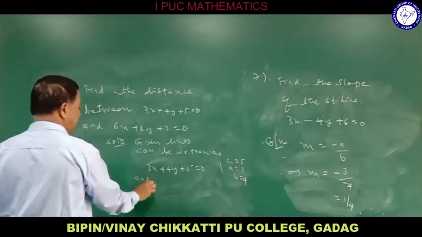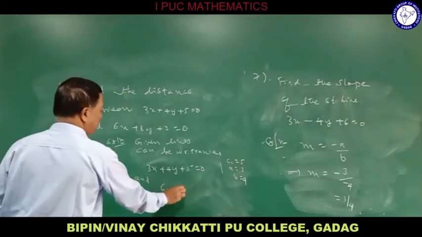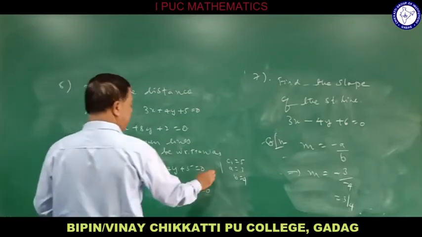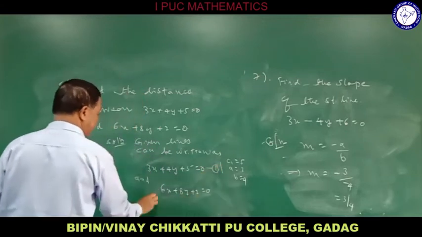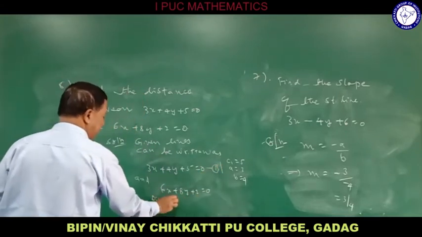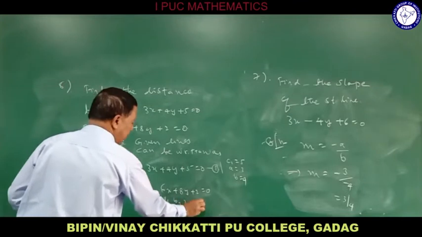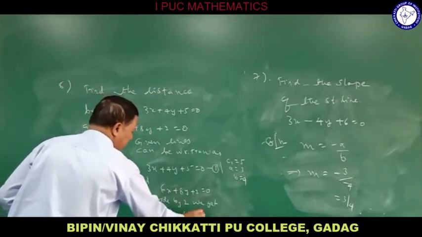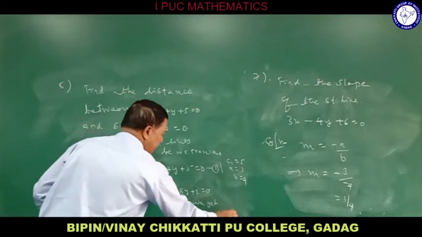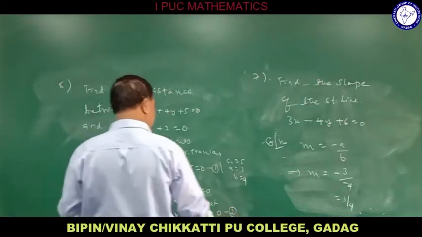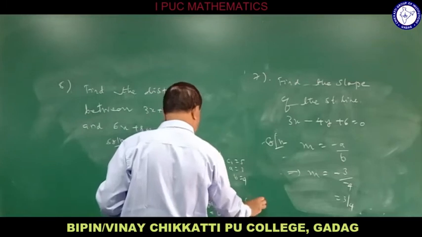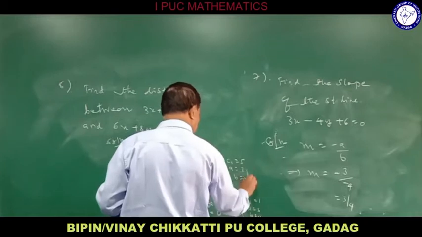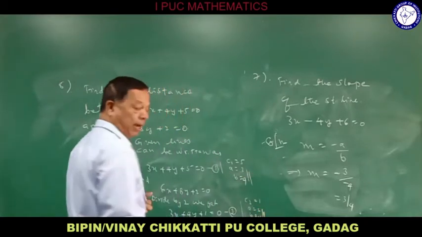And another line, 6x plus 8y plus 2 equal to 0, call this equation number 2. Dividing by 2, we get 3x plus 4y plus 1 is equal to 0. Here also C2 is equal to 1, A equal to 3, B equal to 4, because these should be the same when they are parallel.